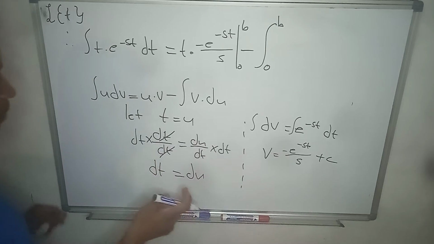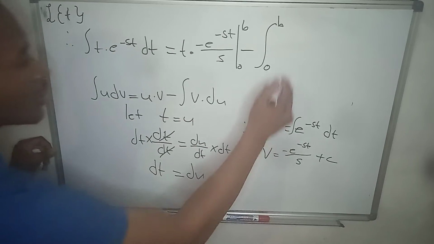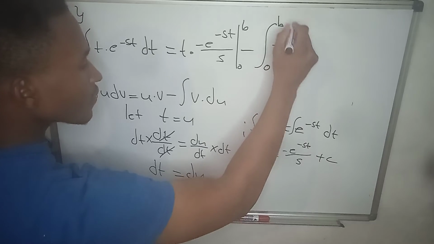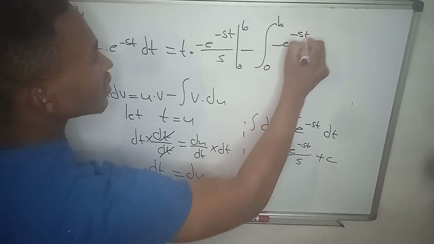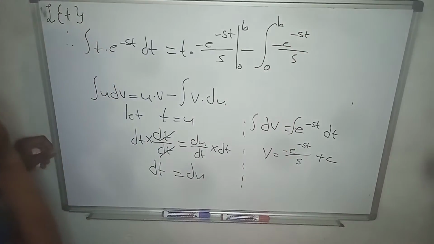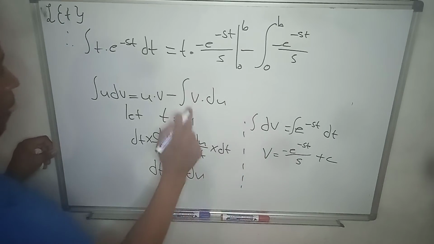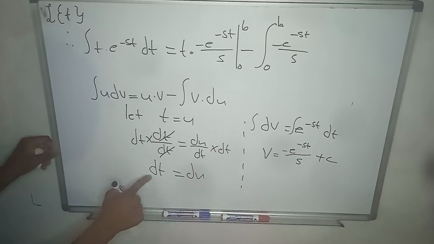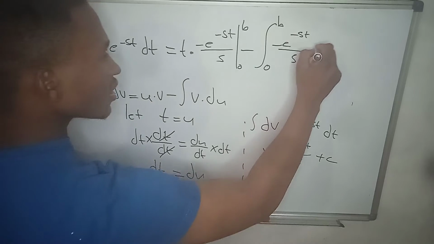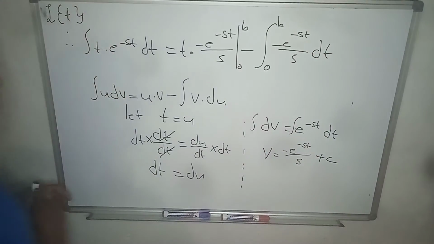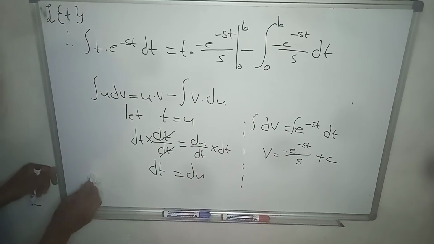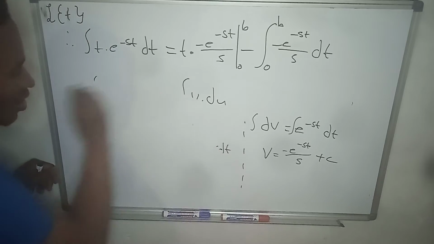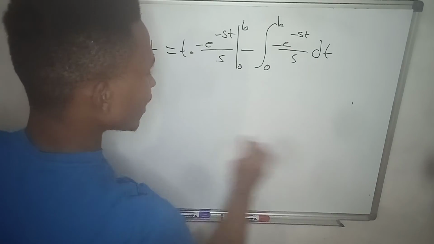So what is my v? My v is -e^(-st) all over s. What is my du? My du was actually dt. So this is what we are strictly having.